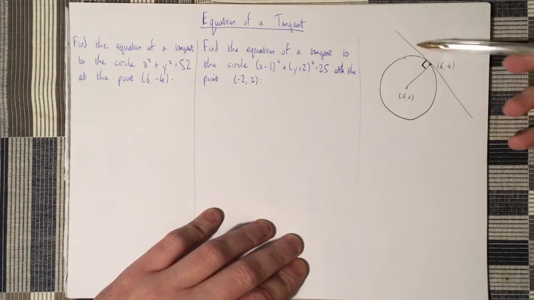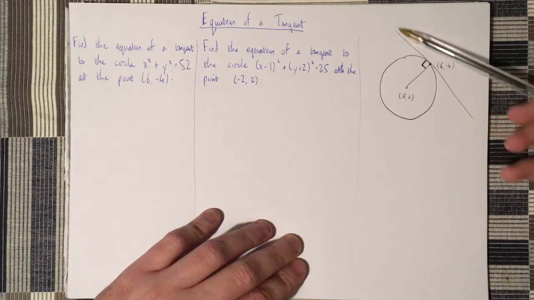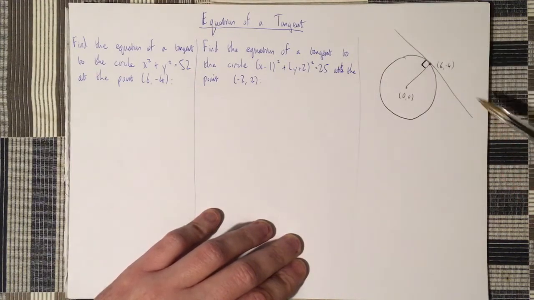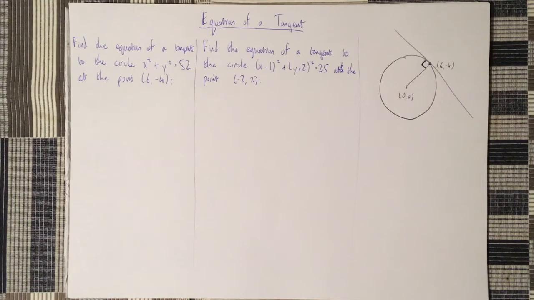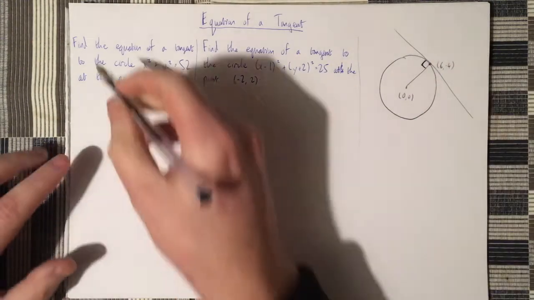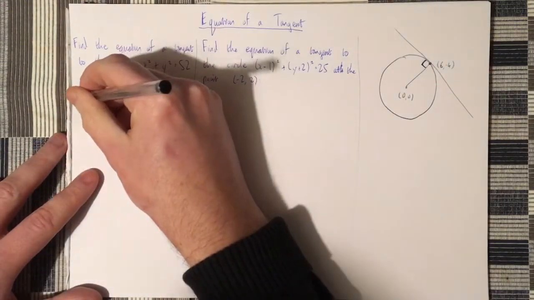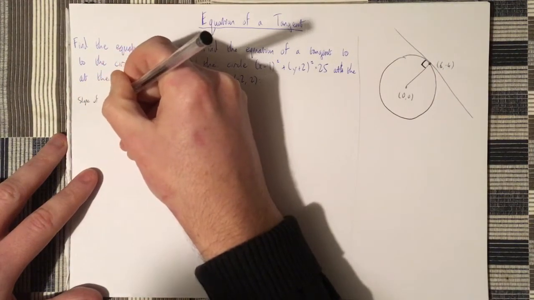So they're perpendicular lines. That's significant because if I know the slope of a line, I can get the slope of the line perpendicular to it. So the first thing I do in these questions is get the slope of the radius.